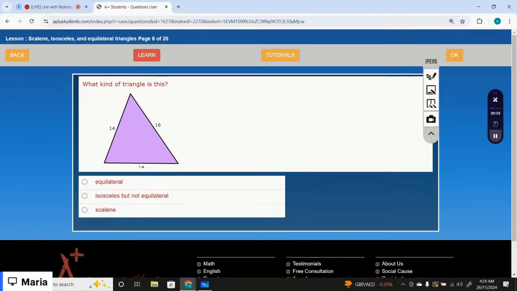The correct option is isosceles but not equilateral. Option number two is the correct option.